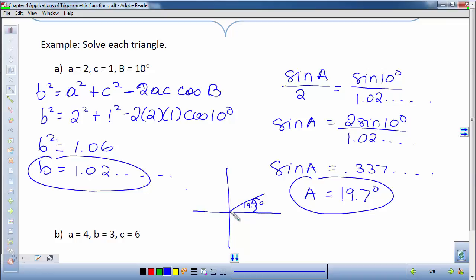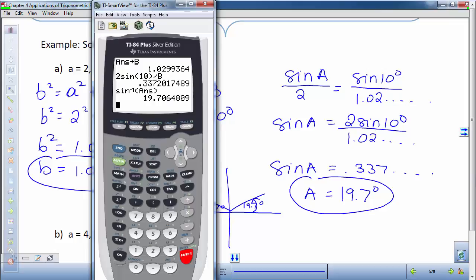So a reference angle of 19.7 degrees, the second angle is going to be 180 minus, I'm going to store this as alpha A. Clear, store. Okay, there we go.